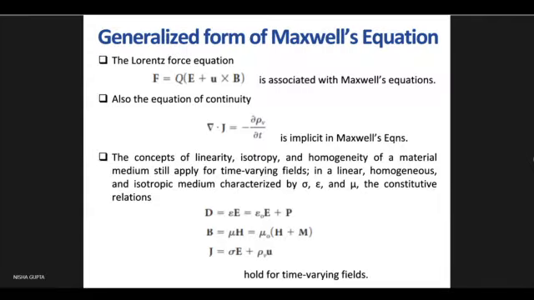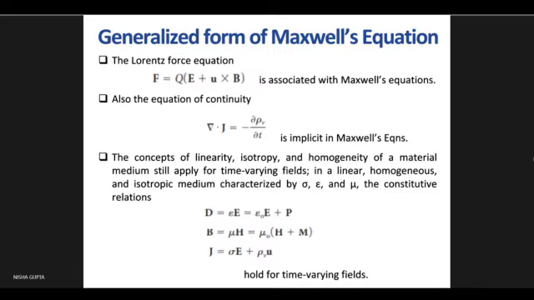So the concept of linearity, isotropy and homogeneity of a material medium is applicable for the time varying field. You must have studied this for the static field, but it is now also valid for the time varying field. The same concept is there, because here we are checking whether the concepts in Maxwell's equations remain the same or change for the time varying field.